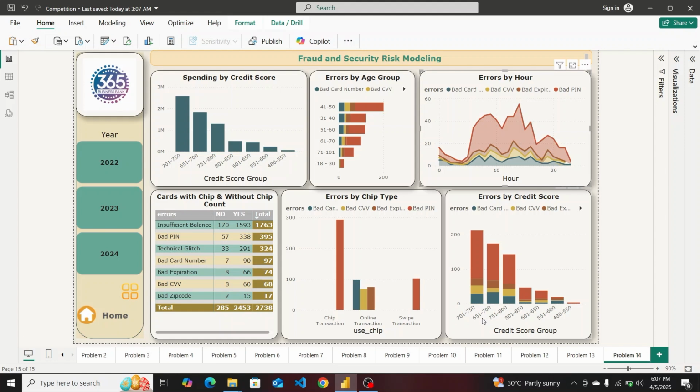And by credit score, we can observe that from 650 to 750, bad pin occurs the most.